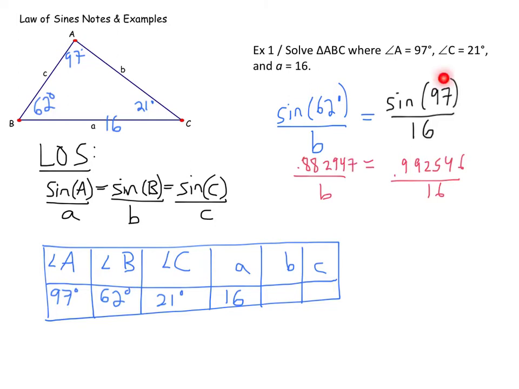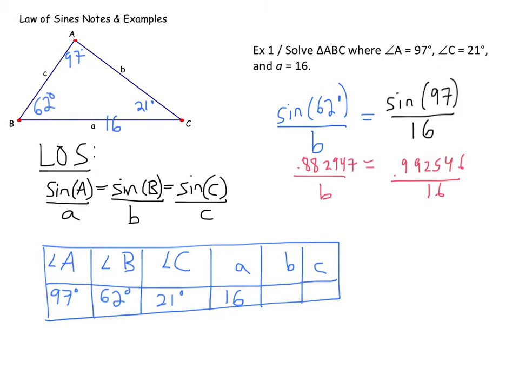So we're going to use this as well to get how big side C is. So what I will do is, now you could cross multiply. Since I have a calculator, I might choose to do this differently. Cross multiplying really doesn't make any sense to human beings.